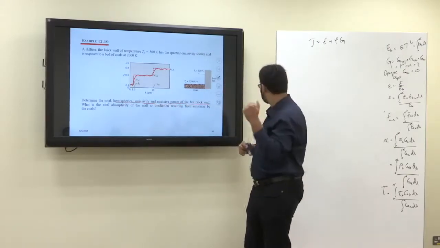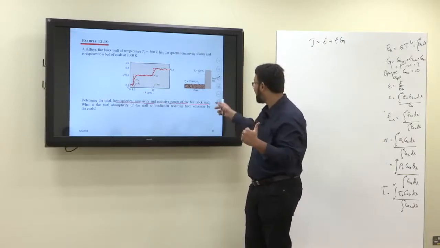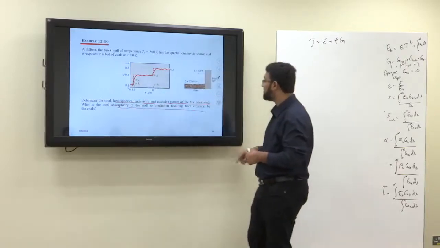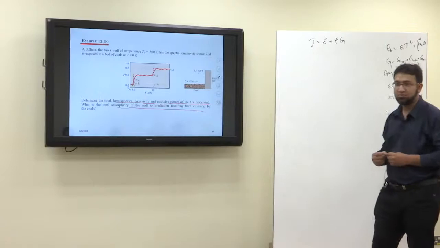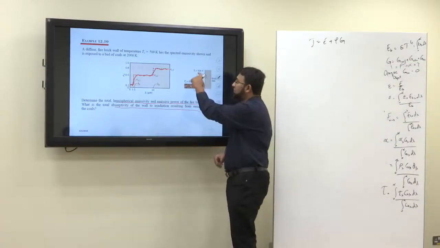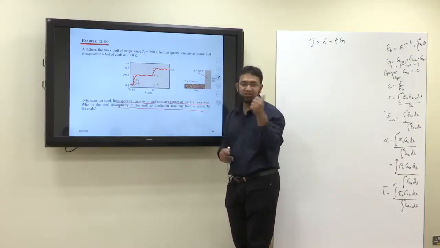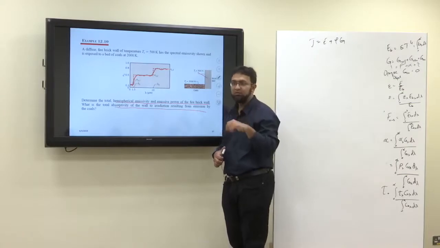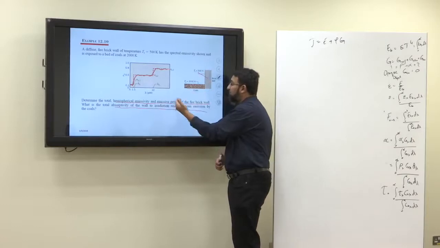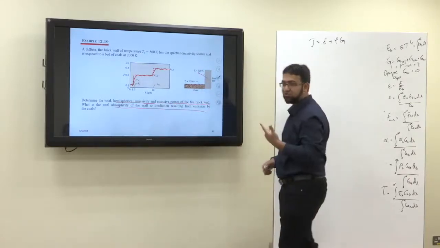And what is the total absorptivity of the wall to the irradiation resulting from the emission by the coals? So we need to find what is the total emissivity of the wall, emissivity being a ratio, then the total amount of energy emitted by the wall, then the total amount of energy absorbed by the wall. These are the things that we need to find out.